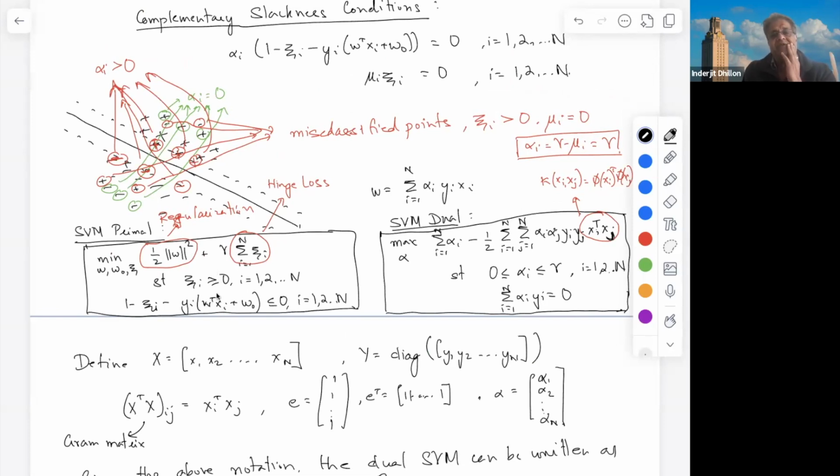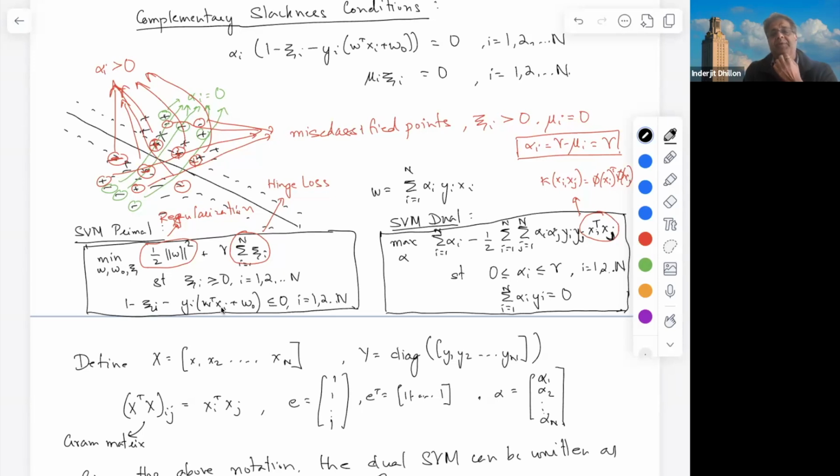The other option is I can change this x to be phi of x. So instead of x being 2-dimensional, as in the example I gave of the two concentric circles, phi of x would be 6-dimensional. And I can solve it.